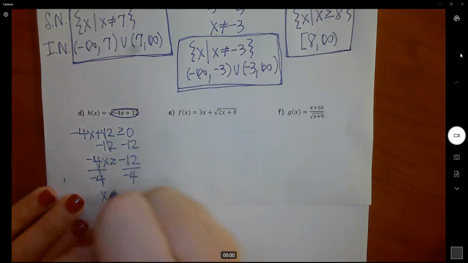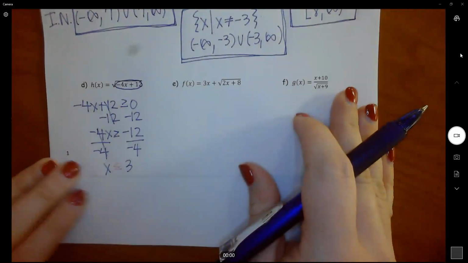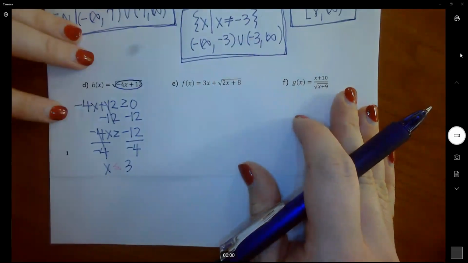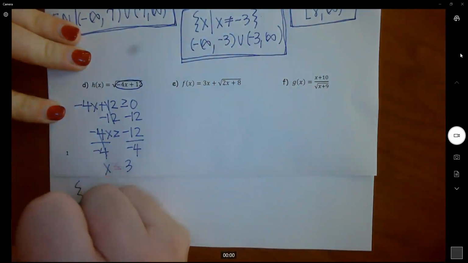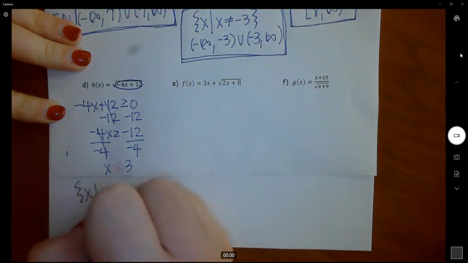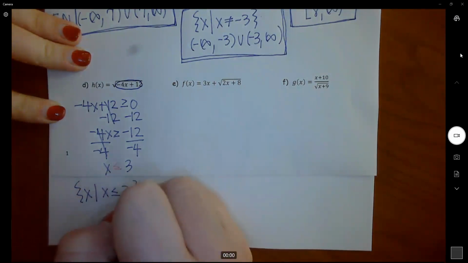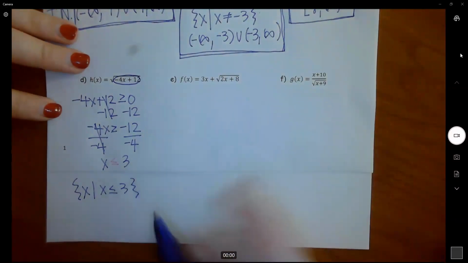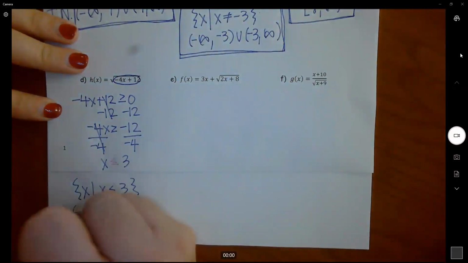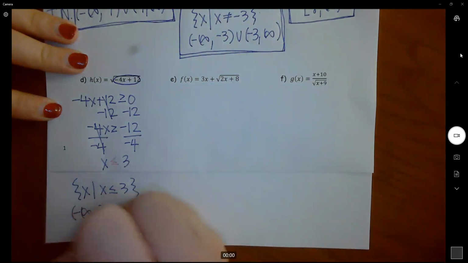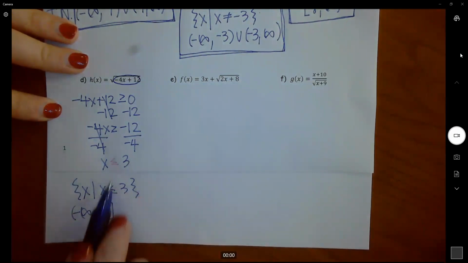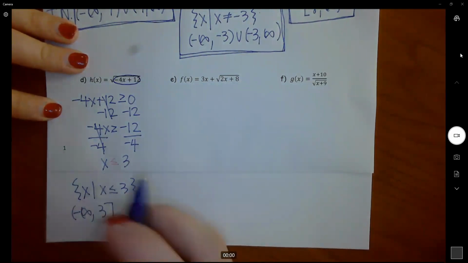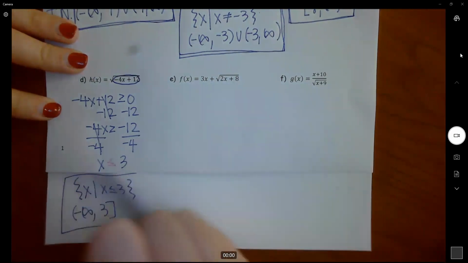And then over here we get 3. So in set notation, this is the set of all x such that x is less than or equal to 3. And in interval notation, this is negative infinity to 3 with a bracket because it's or equals to 3. So we need to include that 3.